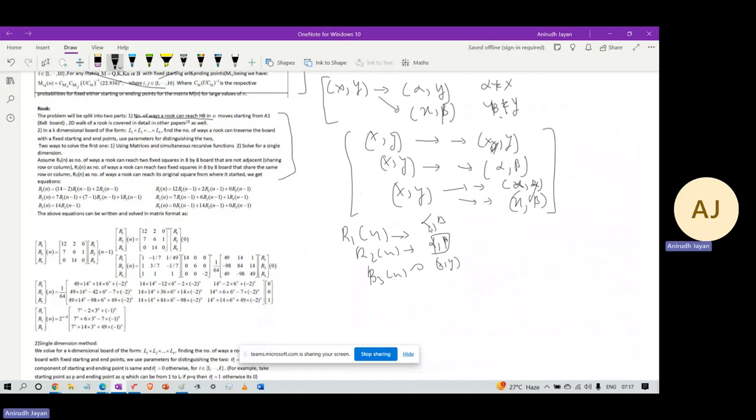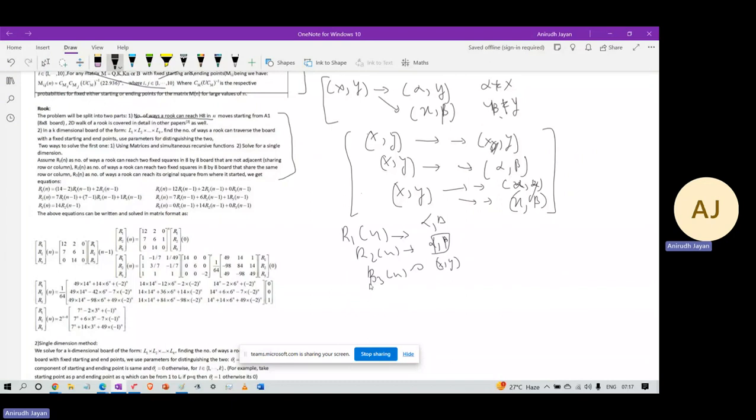Now R1 of n is number of ways a rook can travel from a fixed x comma y to a fixed alpha comma beta. R2 of n is number of ways a rook can travel from x comma y to alpha comma y or x comma beta, only one of them. And R3 of n as returning back to the original square.